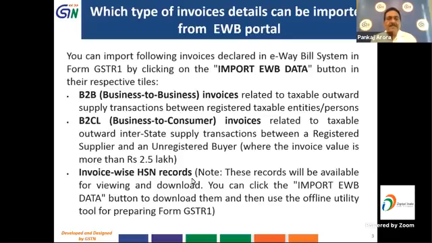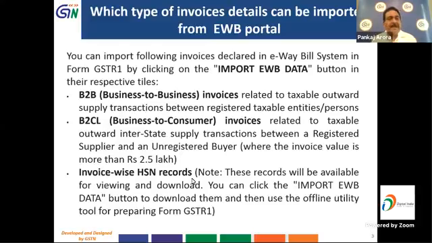So for the B2B transactions, both the supplier and the recipient are registered with GST systems. And the other tab in which you can import the details is B2C large, that denotes the business to consumer invoices relatable to outward taxable supplies from one state to another state, between a registered supplier and an unregistered buyer, where the invoice value is more than rupees 2.5 lakhs.